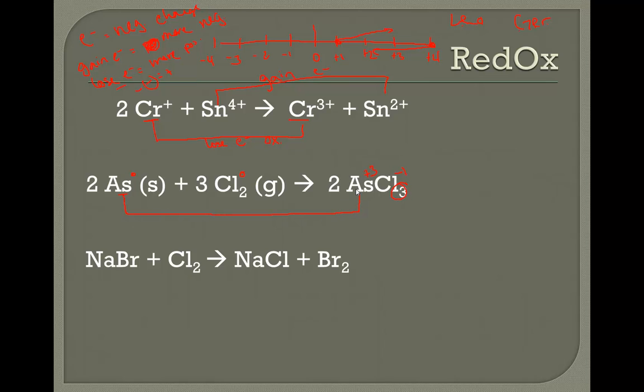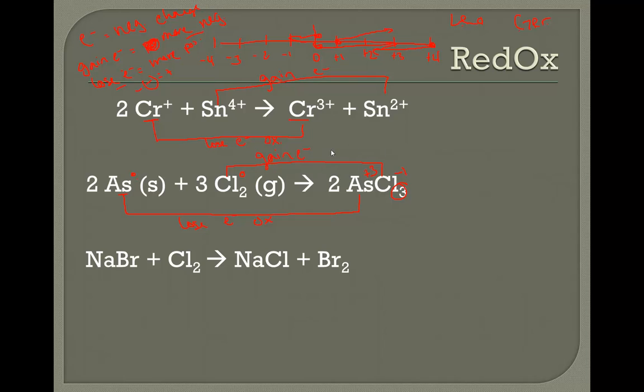It's becoming more positive, which means it's losing electrons. Lose electrons, oxidized. Chlorine's going from a 0 to a -1. It's becoming more negative, which means it's gaining electrons. Gain electrons, reduced. Notice that every time you have one, you automatically have the other. So once you find one, the other one's the same.